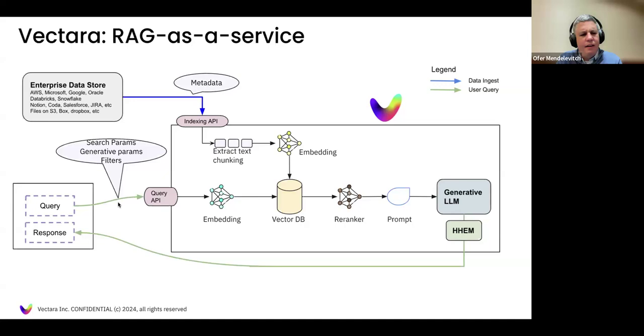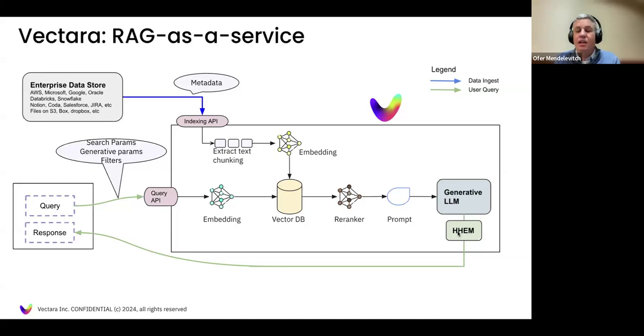And then when you do a query, you similarly encode the query text into a vector, then you do a similarity search against the vector database. Sometimes you also apply what's called a re-ranker that gives you even more relevance. Then you construct a prompt for RAG and say, hey, LLM, please generate a response to this query given these results, these facts that I pulled out of this process. And lastly, there's something called HHEM that we have created.